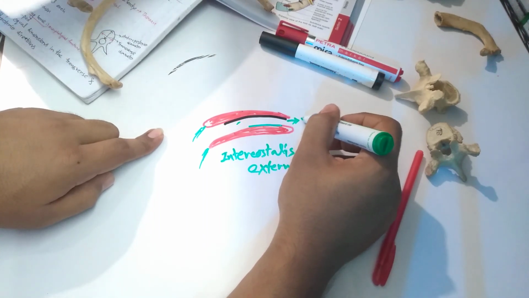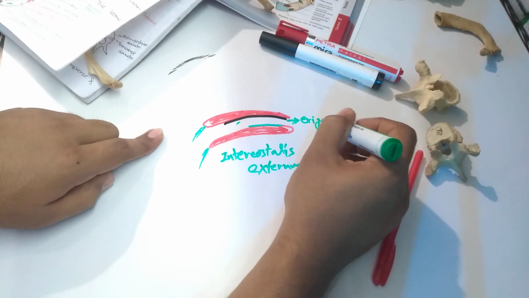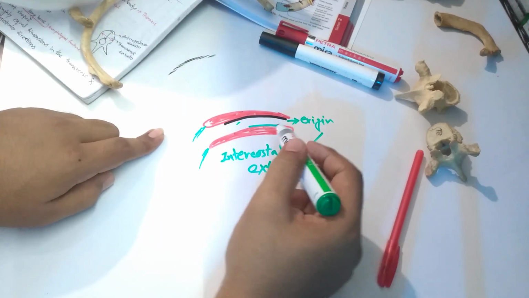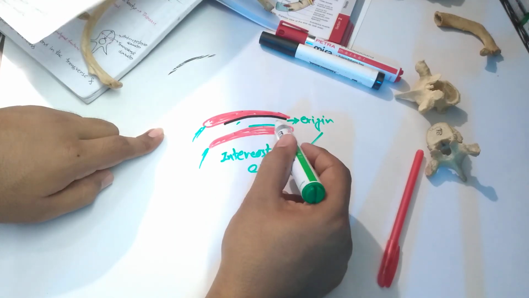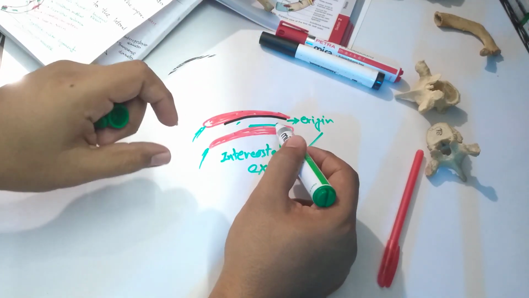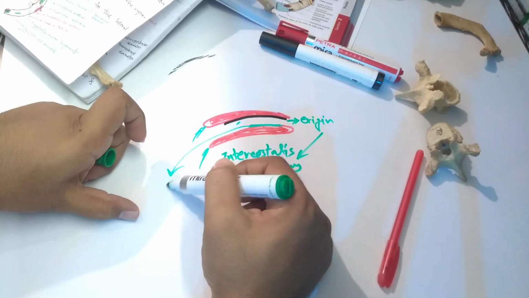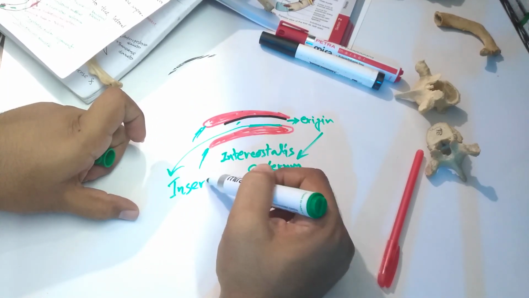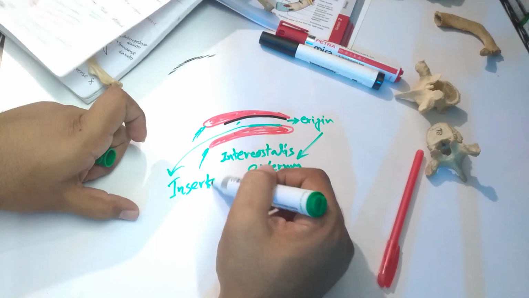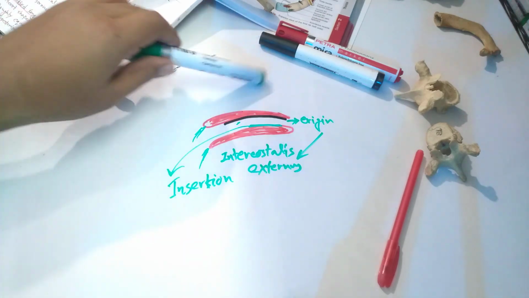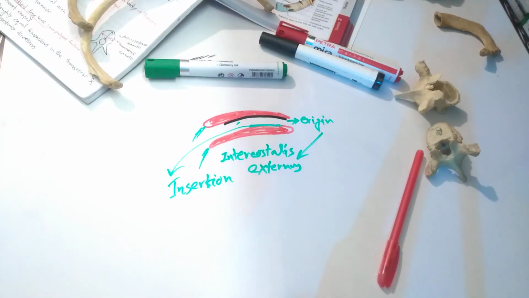Here is the origin of intercostalis externus, and the outer lip of the upper border is the insertion of the intercostalis externus muscle.